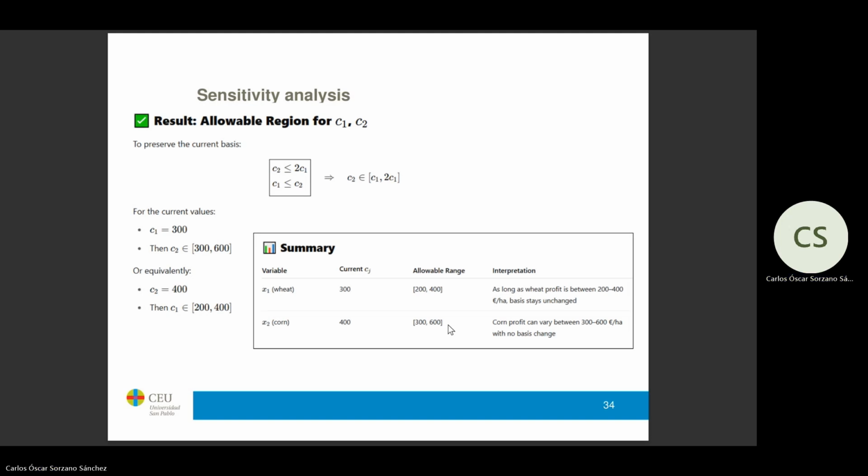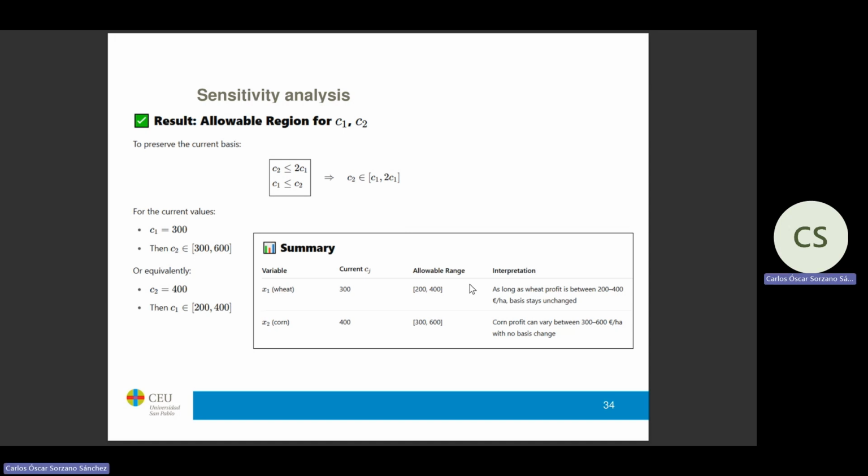So what we have learned is how to compute the optimum of a linear program, and then how to evaluate this optimum as a function of my coefficients and my constraints. If I change the coefficients or the constraints, is my optimal solution still the optimal one?